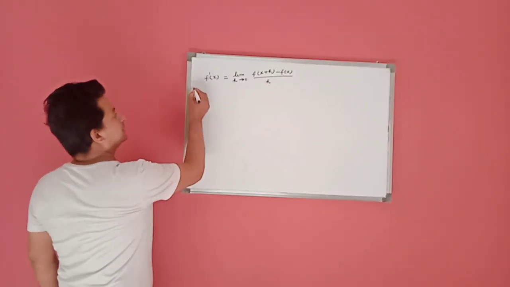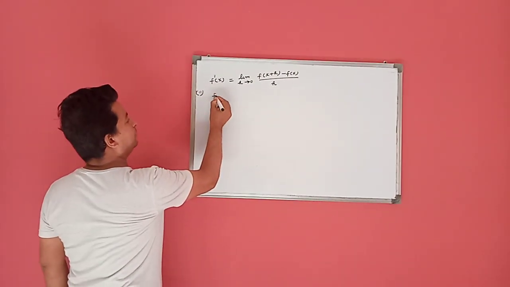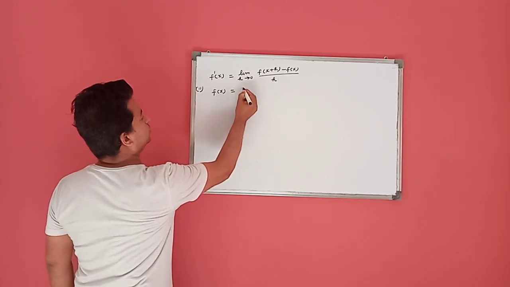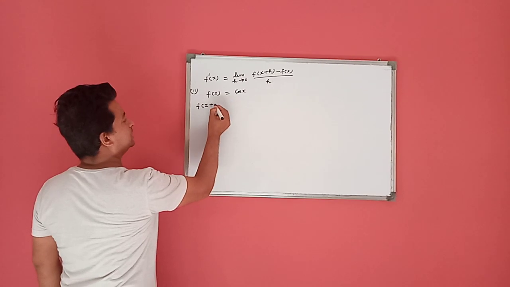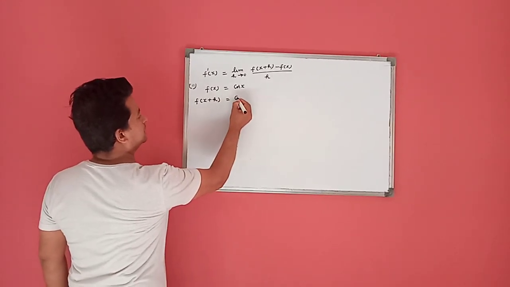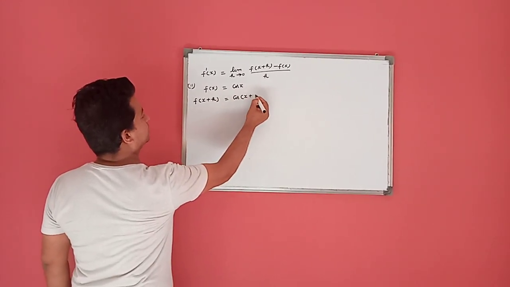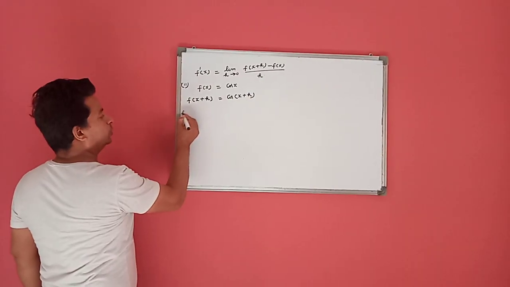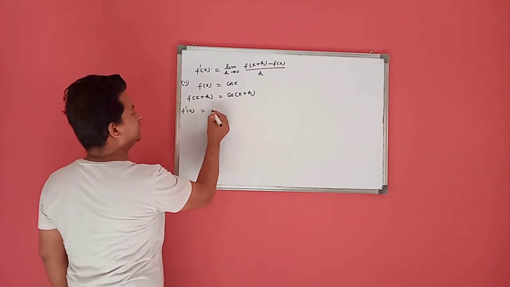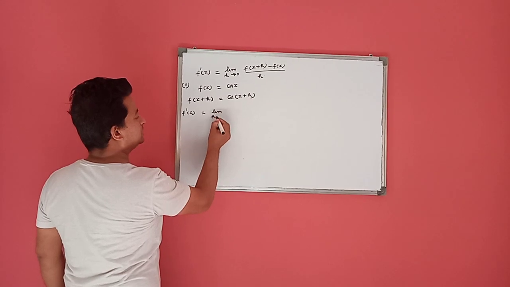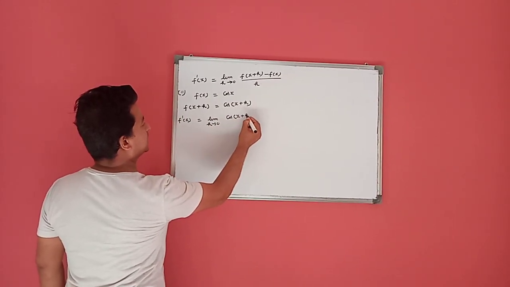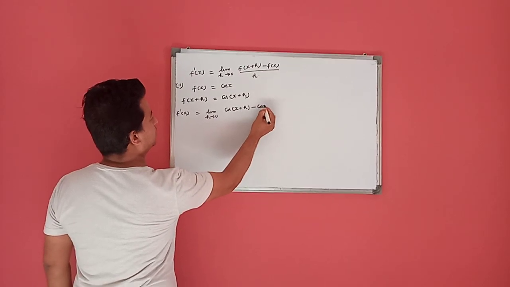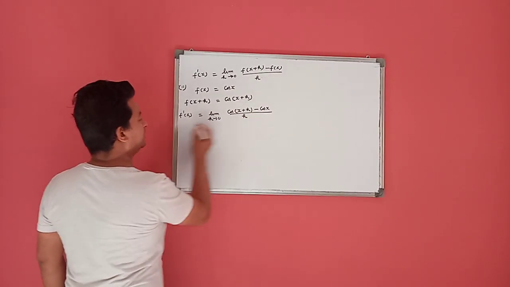The second result is f(x) equal to cos x. When we find f(x + h), it's equal to cos(x + h). Put these values in the definition. The limit as h approaches 0 of cos(x + h) minus cos x, divided by h.